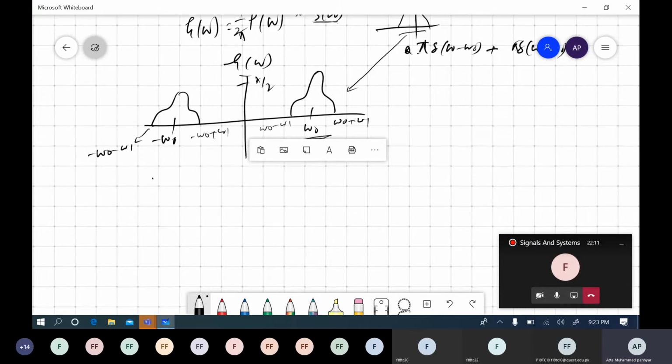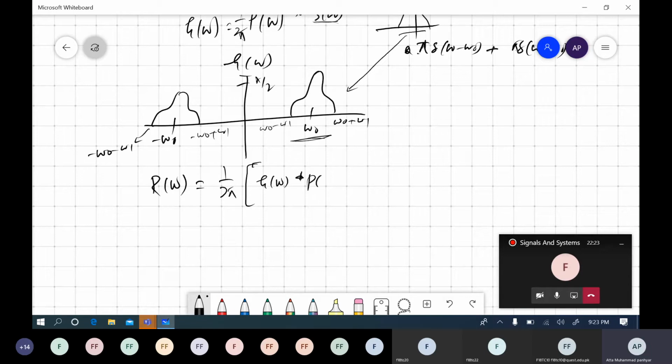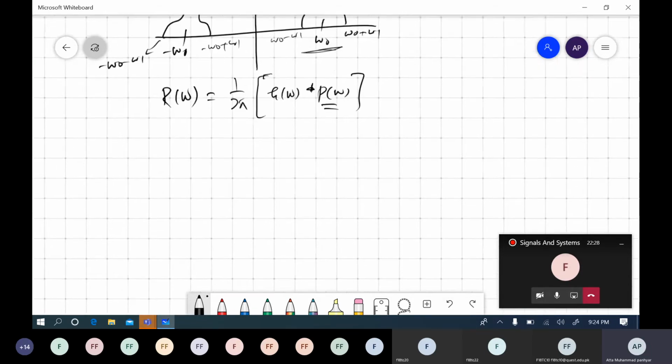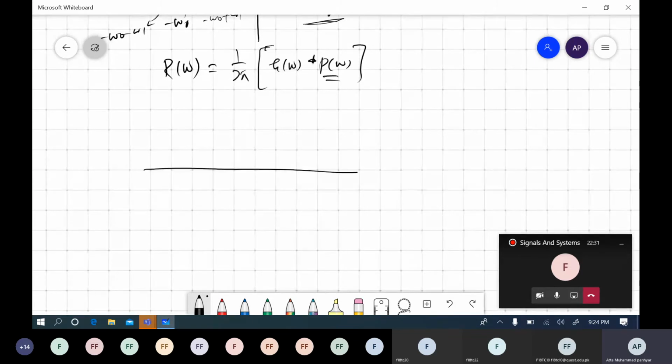So what we can do is, for example, we have another signal R of omega that is equal to the convolution of G of omega and P of omega. P of omega, if you remember, was a cosine, so that existed on only two impulses. If you plot them, our P of omega was pi at minus omega naught, and at omega naught its value was also pi, right?